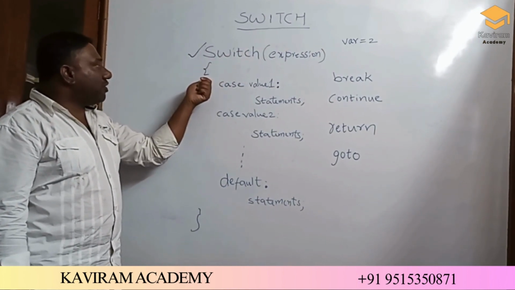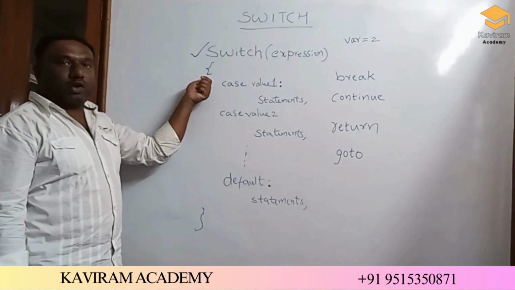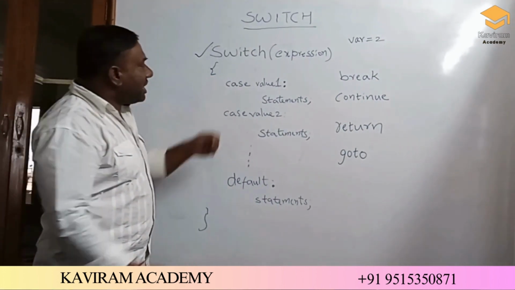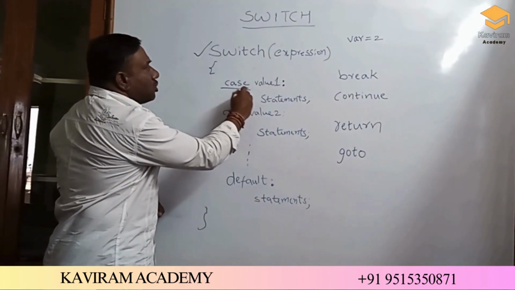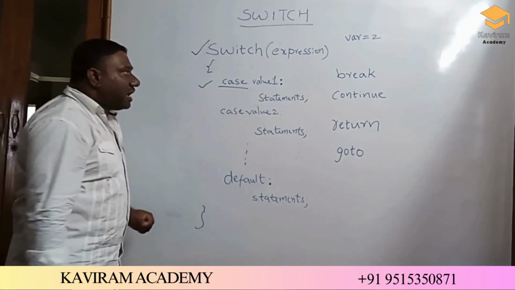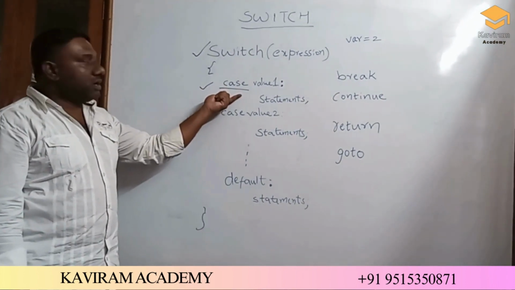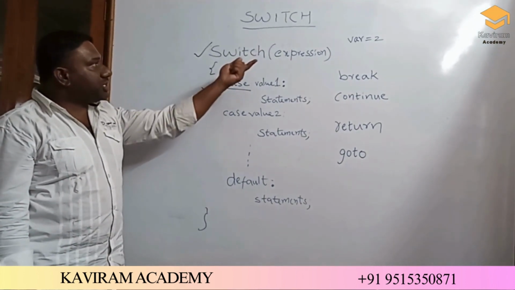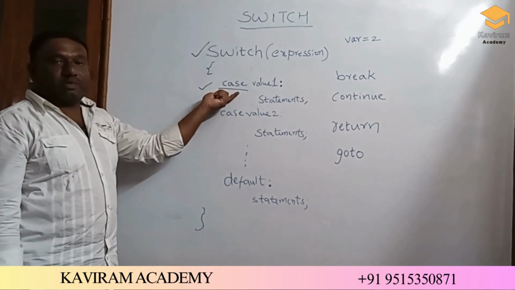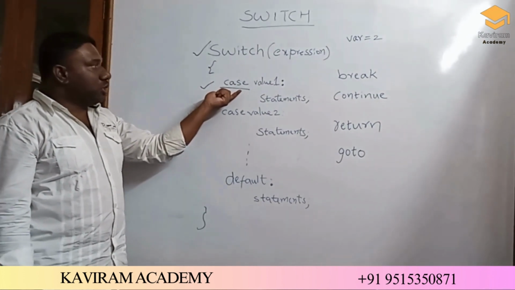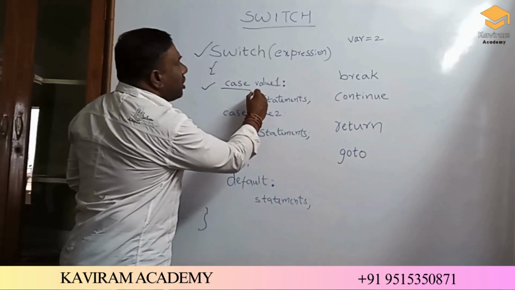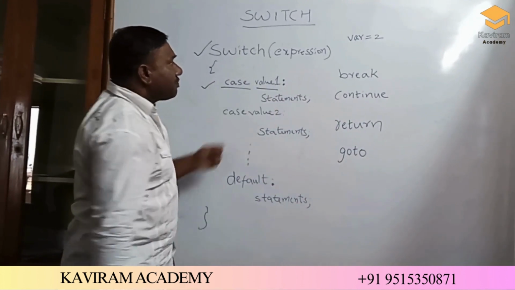So switch, then the expression. Next we write our flower bracket because we have a lot of cases here. The next one is case, which is also a keyword in C language, and based on the expression value, this case is executed. After case comes value 1, or your variable.